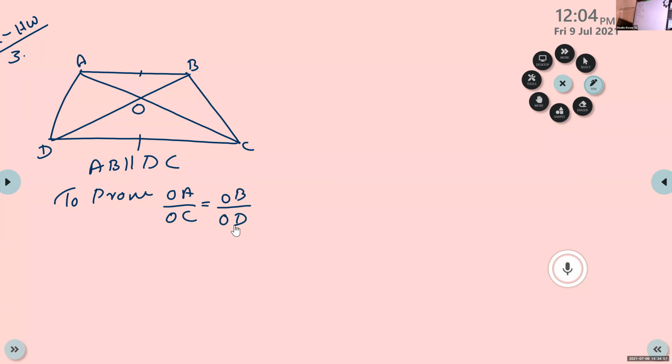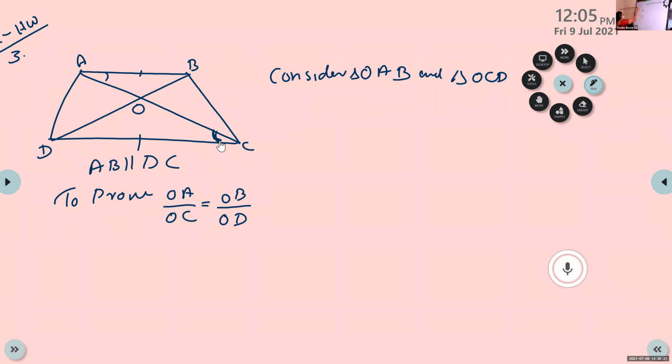First of all, we have AB parallel to DC. It is a trapezium with AB parallel to DC. Now consider triangle OAB and triangle OCD, these two triangles. What about angle A and angle C?